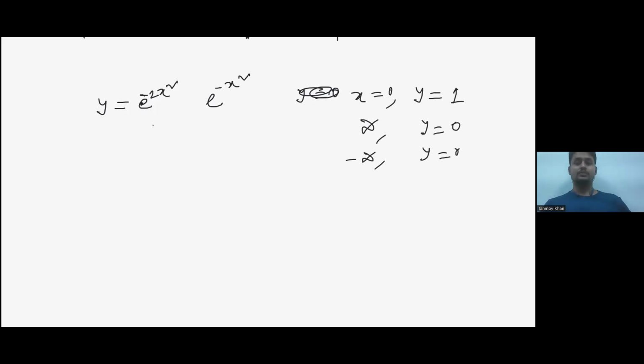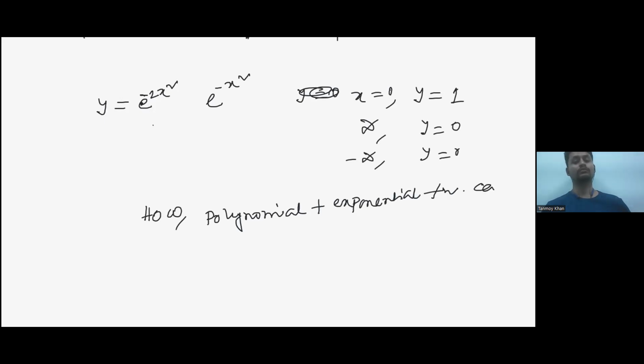So these are some examples of exponential functions. Now, in the next class, we'll learn how a polynomial plus exponential function can be. What do I mean by that?